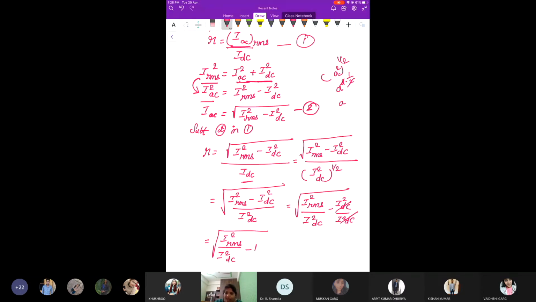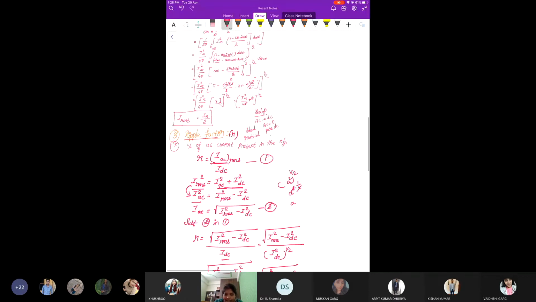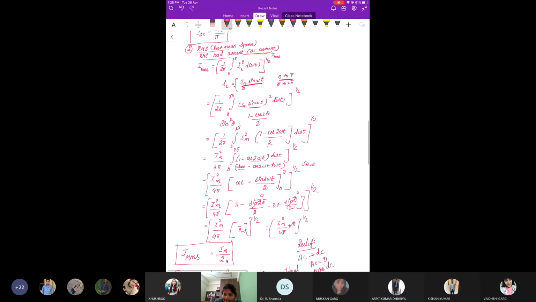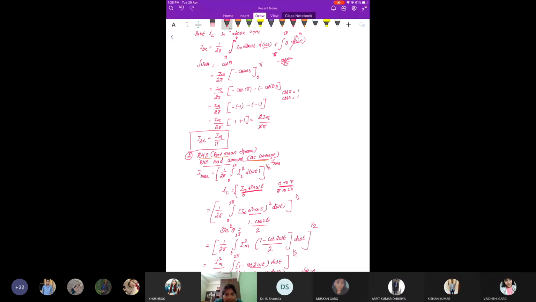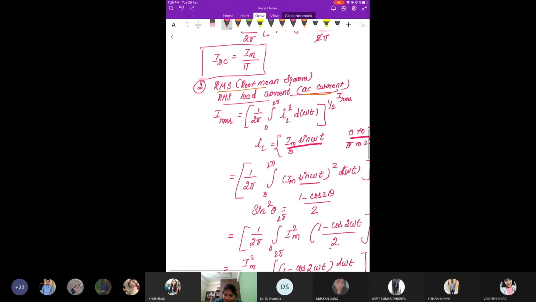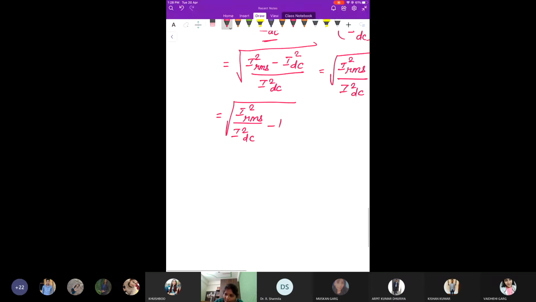Okay. Already we have calculated the value of I_RMS. The I_RMS value is nothing but I_M by 2. Similarly, we have already calculated the value of I_DC. I_DC is nothing but I_M by pi. Now what do we have to do?